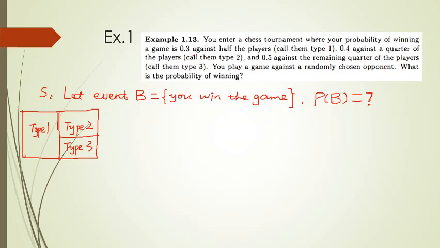Now, how can we understand those numbers 0.3, 0.4, and 0.5? You can read this statement as: your probability of winning a game is 0.3 given the condition your opponent is type 1, right? Your probability of winning a game is 0.3 given the condition you have a type 1 opponent.